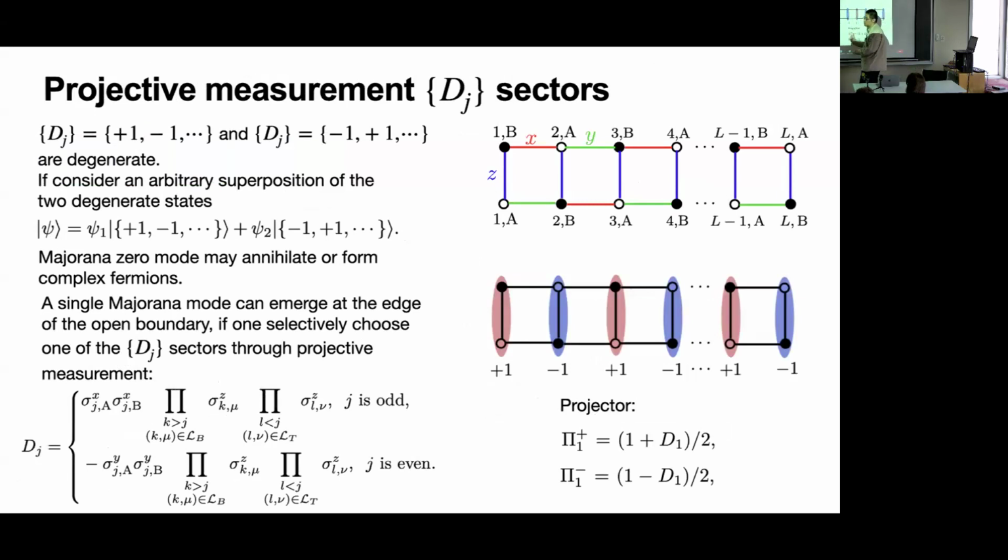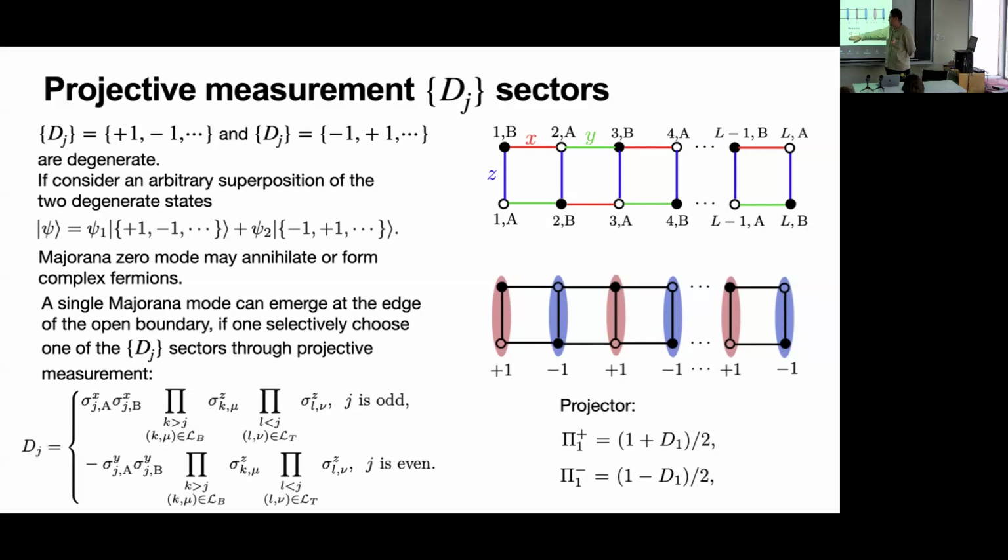So how do we detect the single Majorana mode? To detect the single Majorana mode, one needs to selectively choose one of the DJ sectors. So here we propose that the DJ sectors can be selected by the projective measurement of the quantum states, and the projective measurement is equivalent to applying one of the projectors on the quantum state to select the desired DJ sectors.